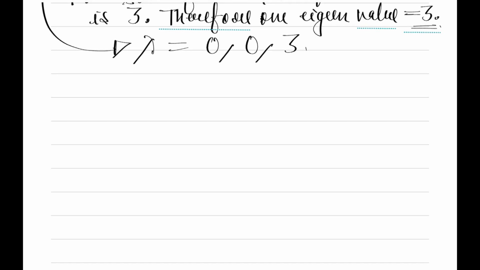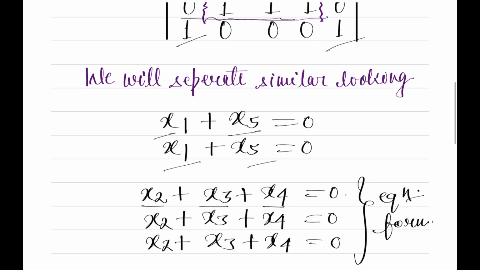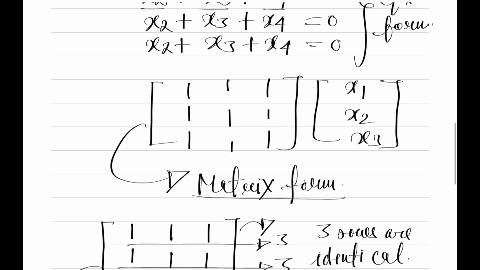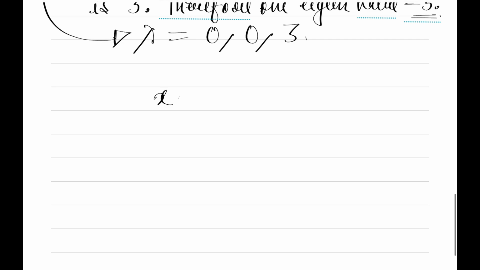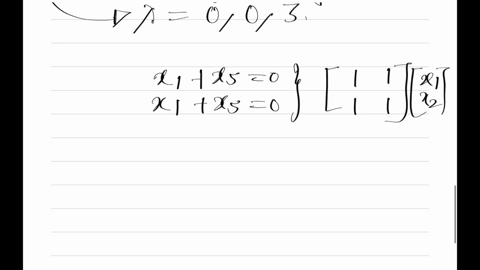Now we separate our x1 and x5. x1 plus x5 is equal to 0, and x1 plus x5 is equal to 0. We can write this in matrix form as 1 1 1 1, and this will be our x1 x2.